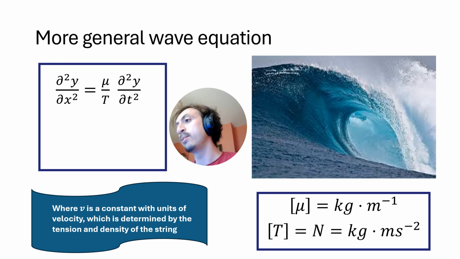Then if we divide the mass density by the tension, we end up with units of meters to the minus 2 multiplied by seconds squared. In other words, we end up with the inverse units of velocity squared.